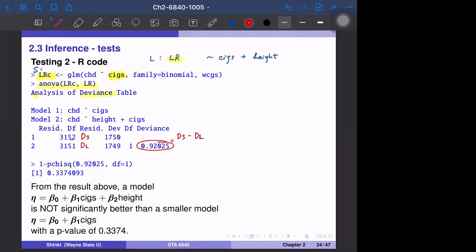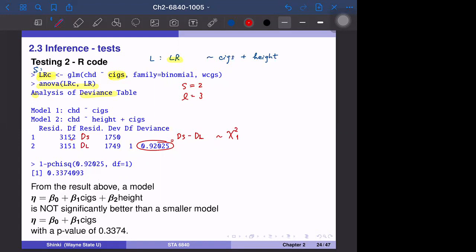So this statistic follows chi-square distribution with df 1 because we have 2 parameters in S and 3 parameters in L. So S is 2, L is 3. Okay, so including intercept, S has 2 parameters and L has 3 parameters.